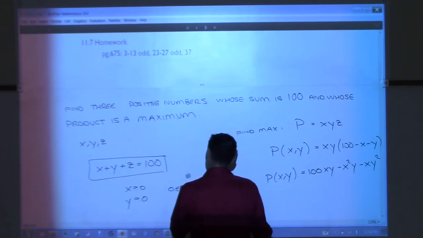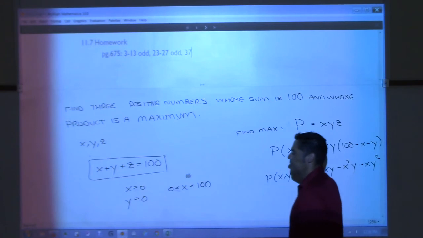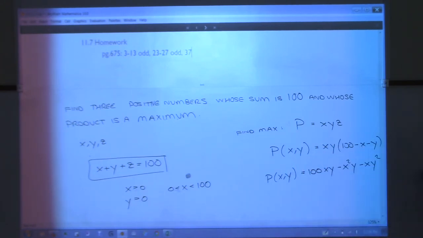So we're going to run into the same issue here. What about y? Can you say 0 to 100? Why can't you say 0 to 100? Because what if x is 100? What if x is 80 at the same time y is 80?